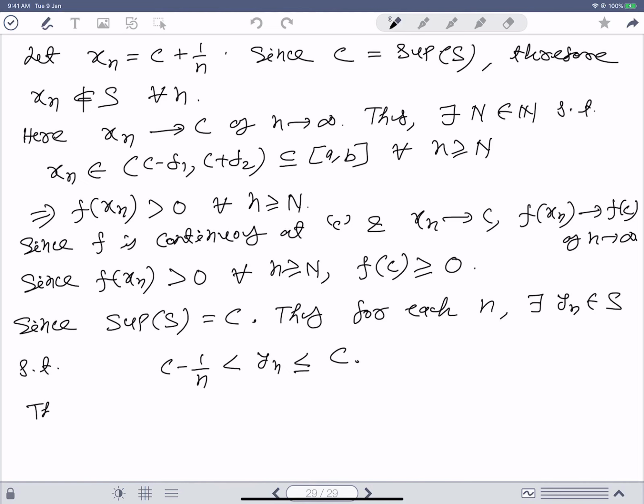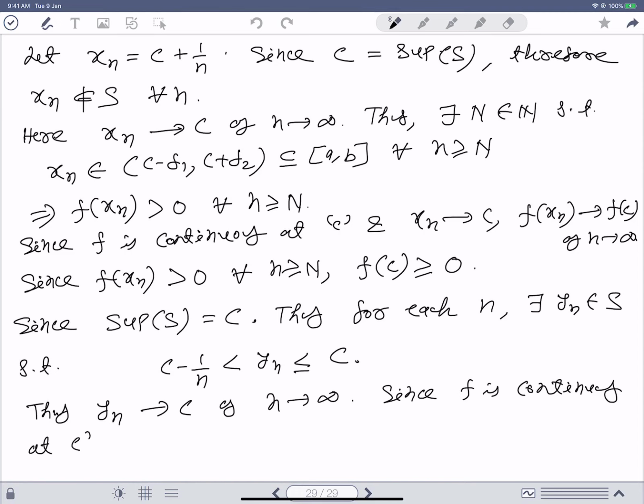Now therefore yn converges to C as n tends to infinity, right? Now again, since f is continuous at C, f of yn converges to f of C.